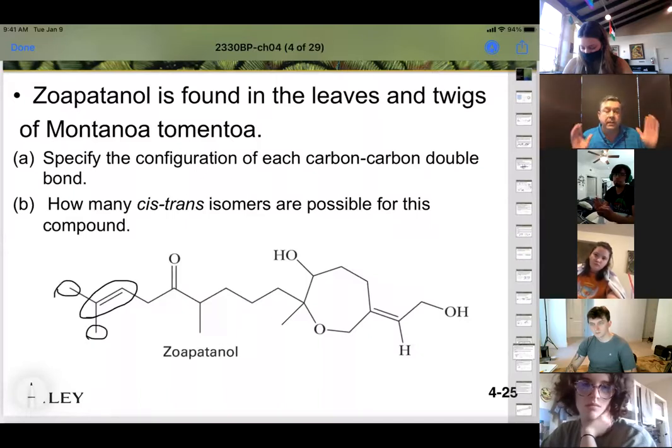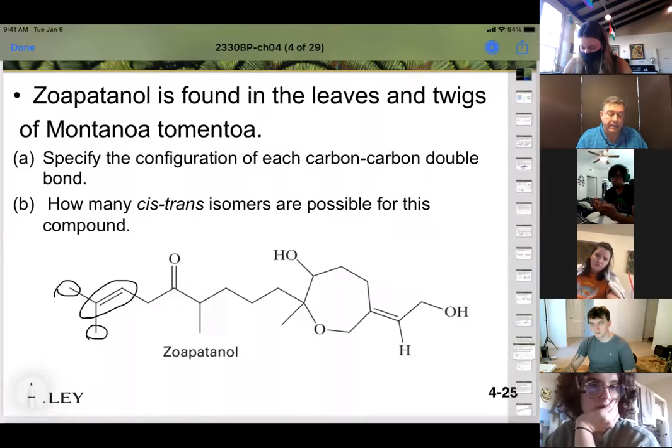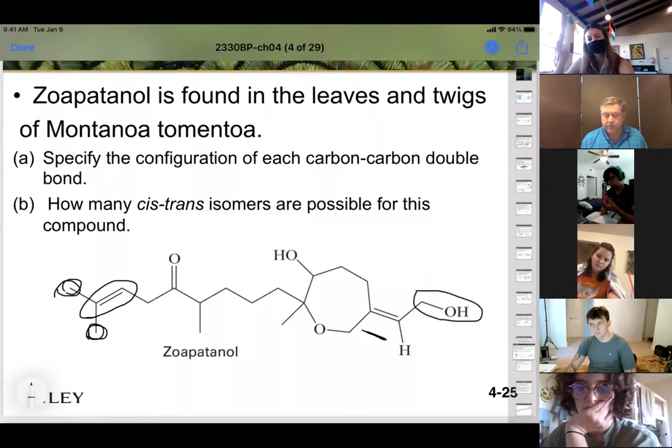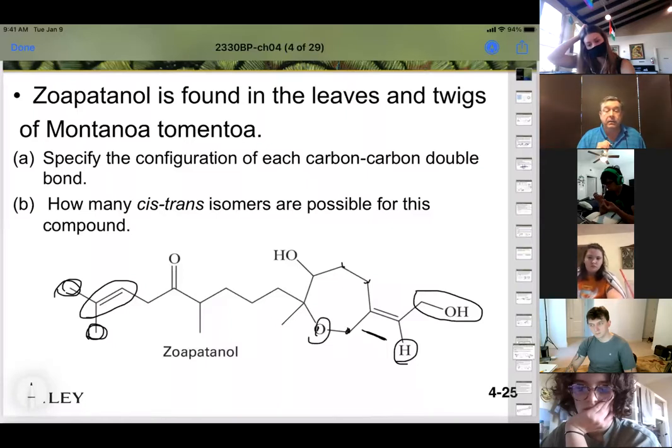It's not cis and trans, it is not E and Z, because these are equal, we don't have any way to prioritize either one. However, on the other side of the molecule, we do have prioritization available to us. Over here, this is obviously the highest priority group because we have a hydrogen here, and we have a carbon, carbon, we have an oxygen, carbon. Oxygen's higher in atomic number, which makes this our highest priority group.